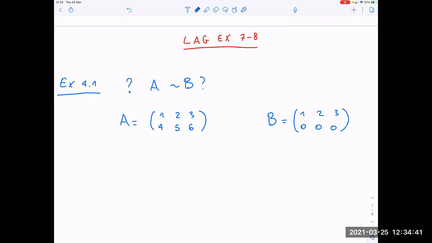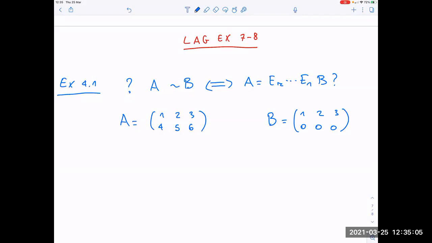Remember that being row equivalent is the same thing as saying that I can obtain A from B by applying some sequence of elementary matrices, right? So what do you think first? Is the answer to this question yes or no?